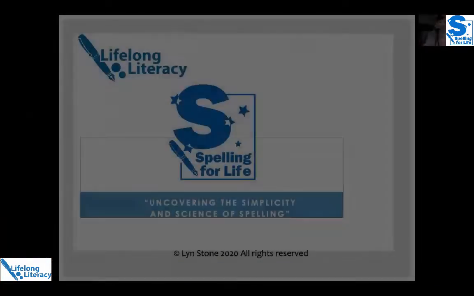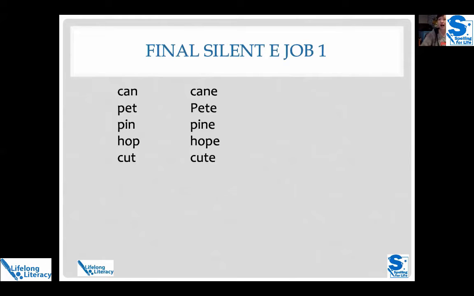All right. Very quickly, if you have the letter E at the end of a word, it does not represent a sound, it represents a signal. If we have all these words, can, pet, pin, hop, and cut, if I add final silent E, I can convert the word can to cane, the word pet to Pete, which is short for Peter, that's why I've got a capital letter there.